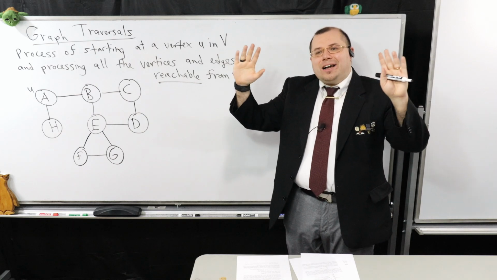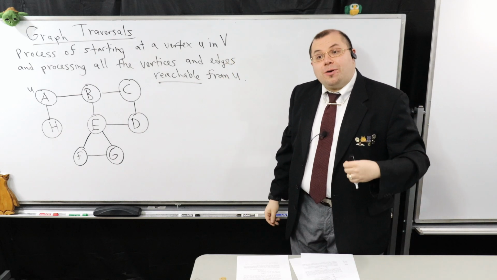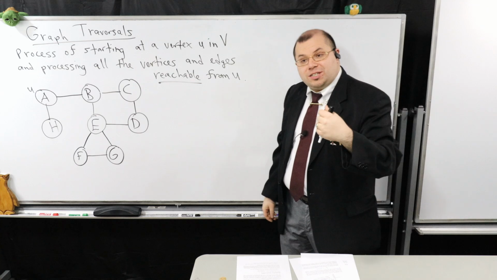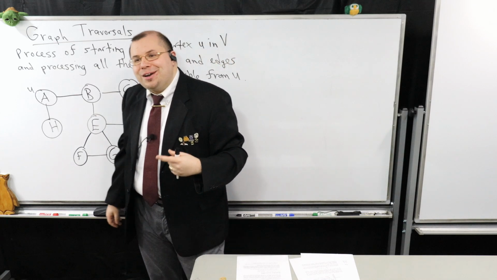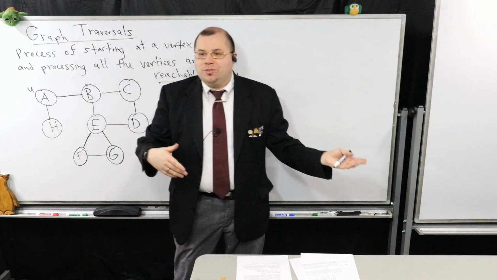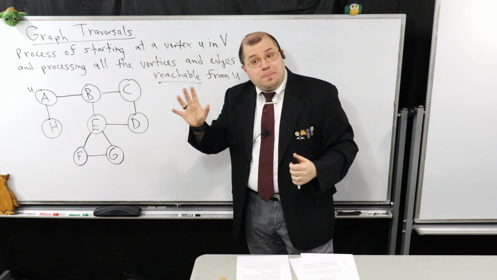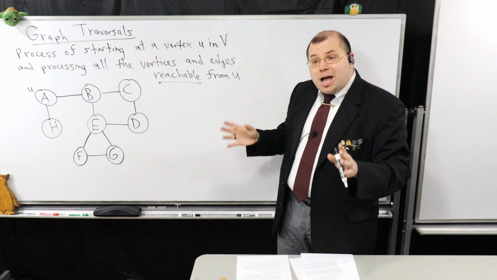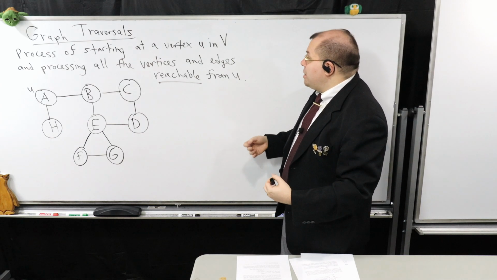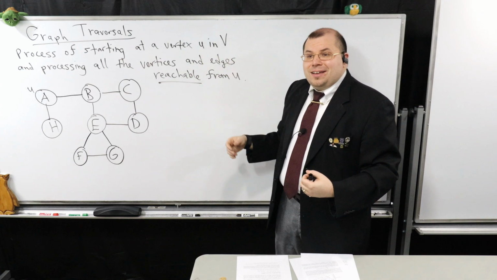So that's the idea of a graph traversal algorithm. It's actually quite similar to the idea of a tree traversal algorithm that you may have seen before, such as pre-order, post-order traversals, or possibly in-order traversals, say if you talk about a binary search tree. The same idea, except we're going to talk about vertices and edges.